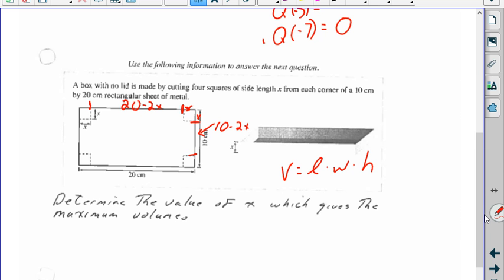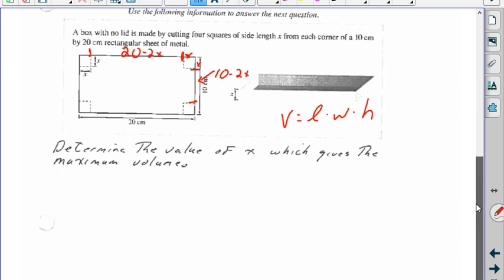And how high is my box going to be? X units. Okay. So volume is going to be height, which is x, length, which is 20 minus 2x, and 10 minus 2x is my width.